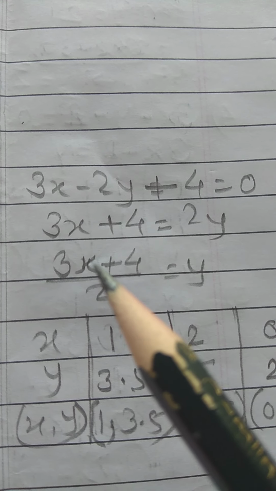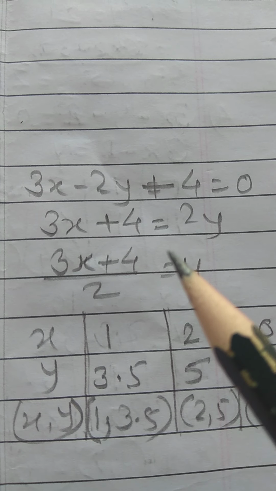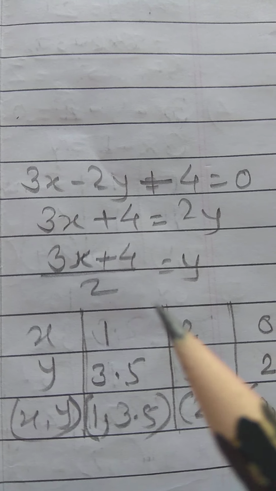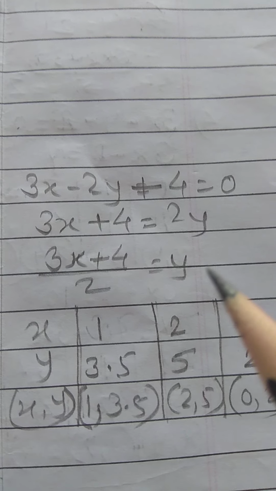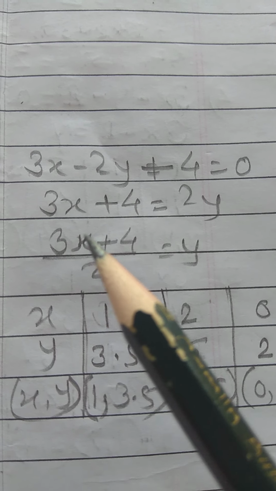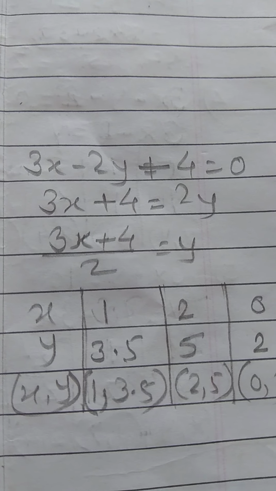If we take x equal to 2 here, 2 3s are 6, 6 plus 4, 10, 10 by 2, it will be 5. If we take x equal to 0 here, 0 into 3 is 0. Now this will become 4 by 2, it will be 2.